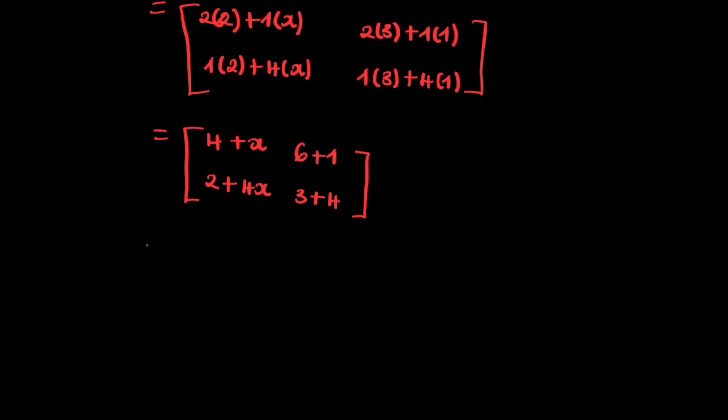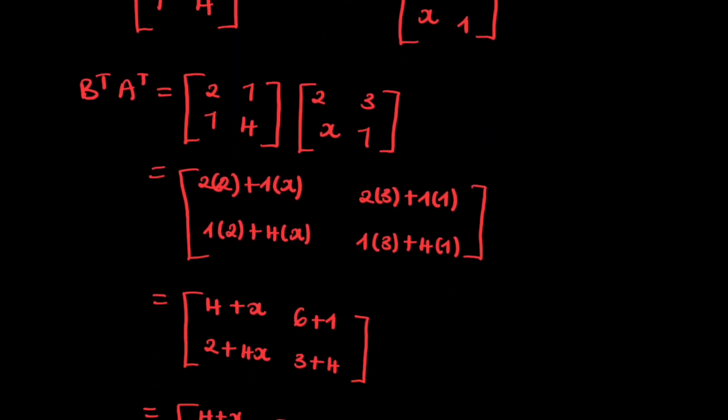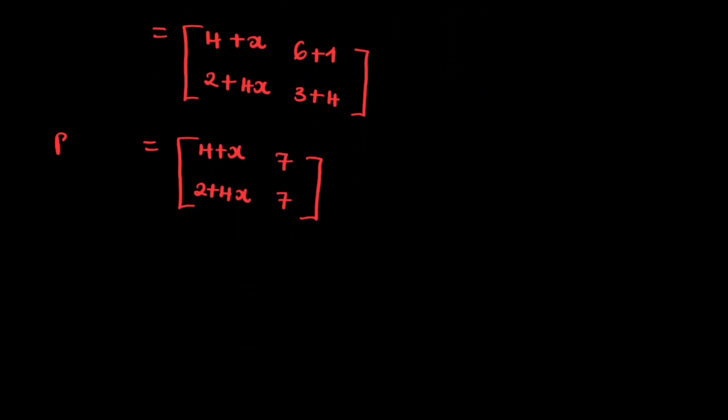Now we simplify it further. 4 plus x cannot be simplified, so we leave it like that. 6 plus 1 is 7. 2 plus 4x, and 7 again. So this is our B transpose A transpose.